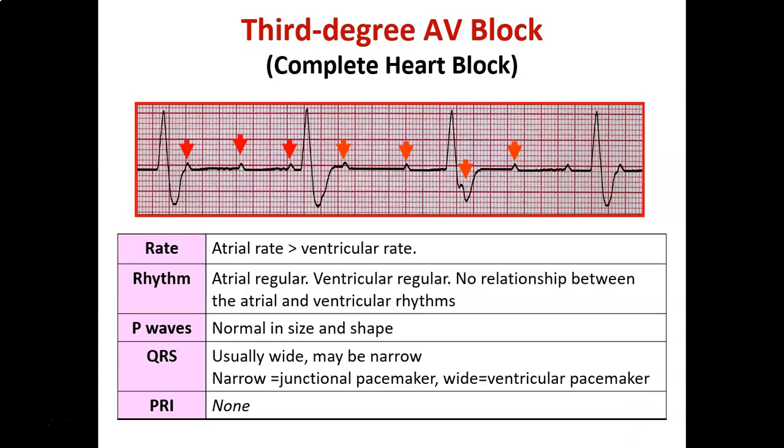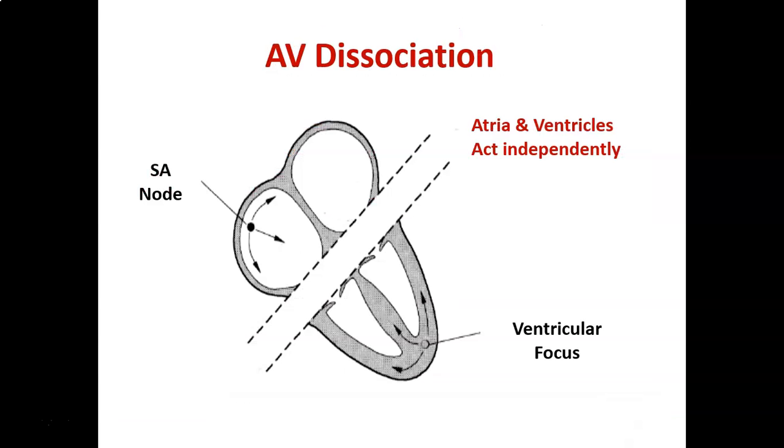There is complete atrioventricular dissociation. No more relationship between the atria and ventricles. There is no flow of electricity from the atria to the ventricles. And it's a dangerous condition.